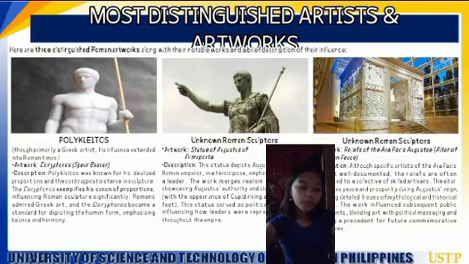The Doryphorus exemplifies his canon of proportions, influencing Roman sculpture. Significantly, Romans admired Greek artwork. The Doryphorus became a standard for depicting the human form, emphasizing balance and harmony.